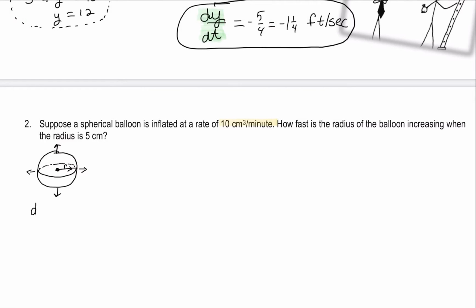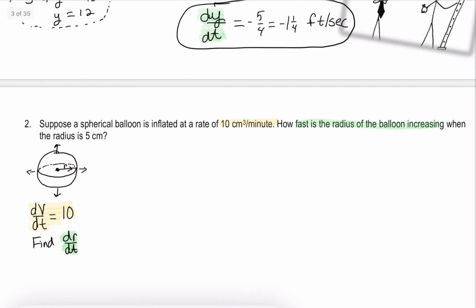We are given that dV/dt, how fast the volume is increasing, is this constant of 10 cubic centimeters per minute. And our goal here is to find how fast the radius is increasing. So we want to find dr/dt. Again, that's what they ask us to find here: how fast is the radius increasing.